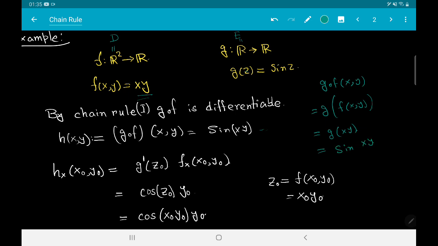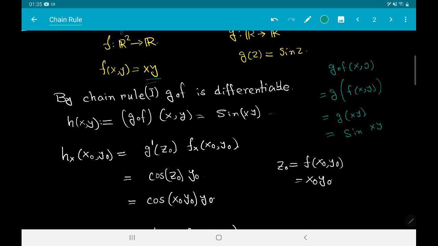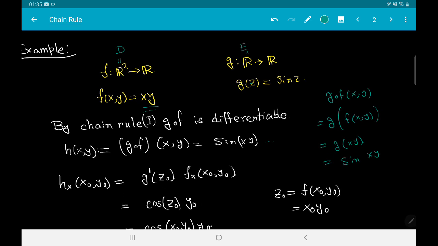So this is what we have got here. First of all, we have seen that this function f is differentiable, and we have also seen that sin z, the sine function, is differentiable.